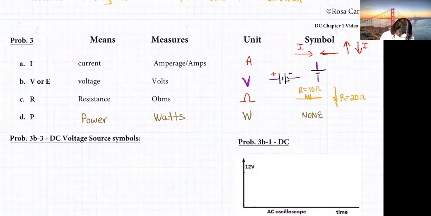Or sometimes they go nuts and they start doing a bunch: 1 set, 2 sets, 3 sets, 4 sets, but it's going to tell you what the value is. So you don't count the number of cells. You just want to know which is the positive and which is the negative, and this could be 12 volts, this could be 12 volts, and this could be 12 volts. You know what I mean? It's just a symbol, okay?